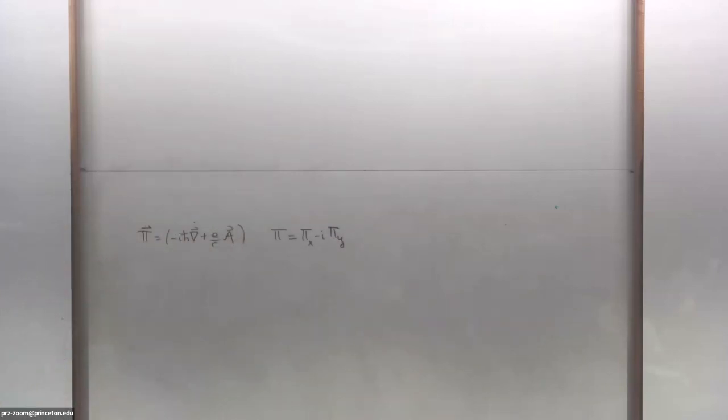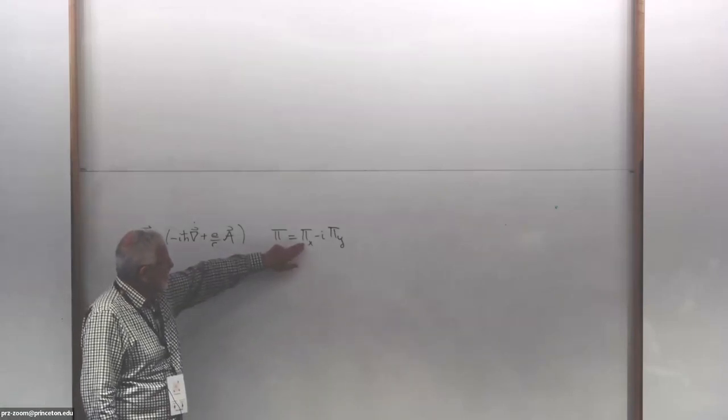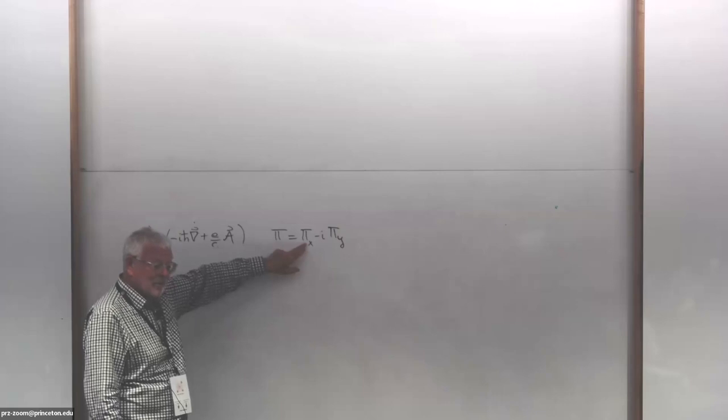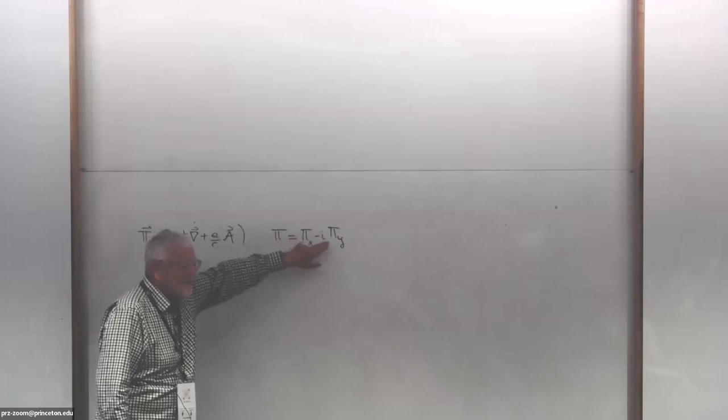Okay, so we want to find those wave functions for which when pi acts on it, you get 0. In pi, you have the vector potential term, but you also have px minus i py.